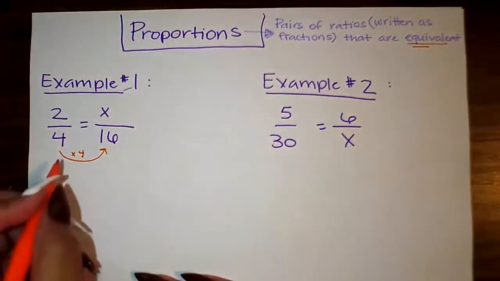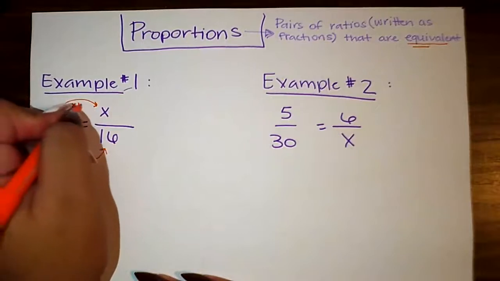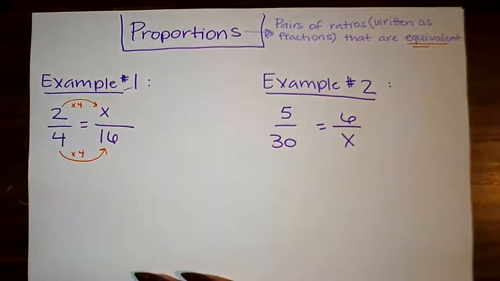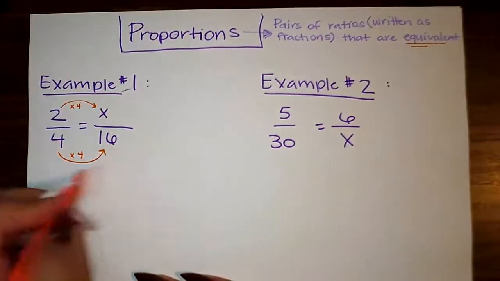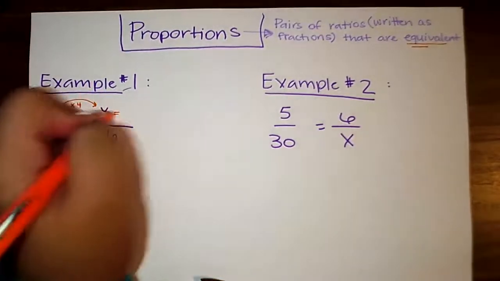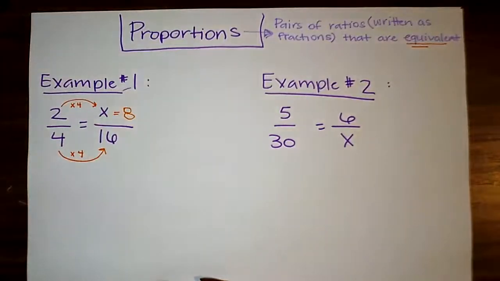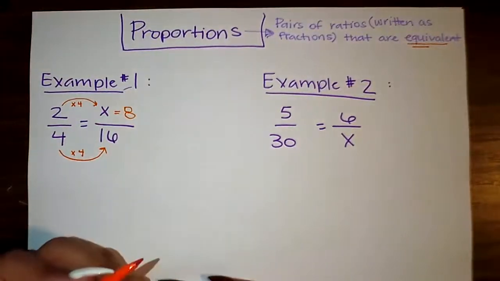So that means I want to do the same thing to this top number right here and multiply by 4. Because what I did to the bottom, I have to do to the top. So that means that x would equal 8.